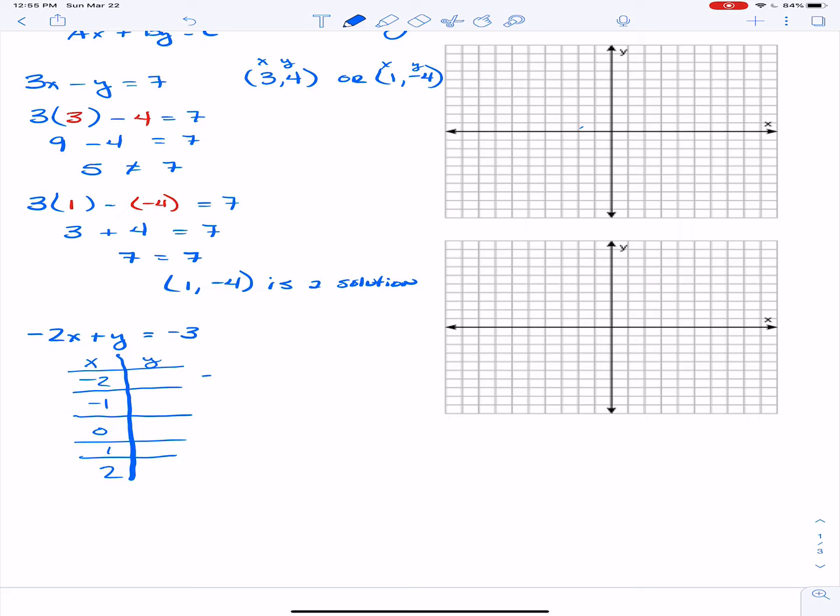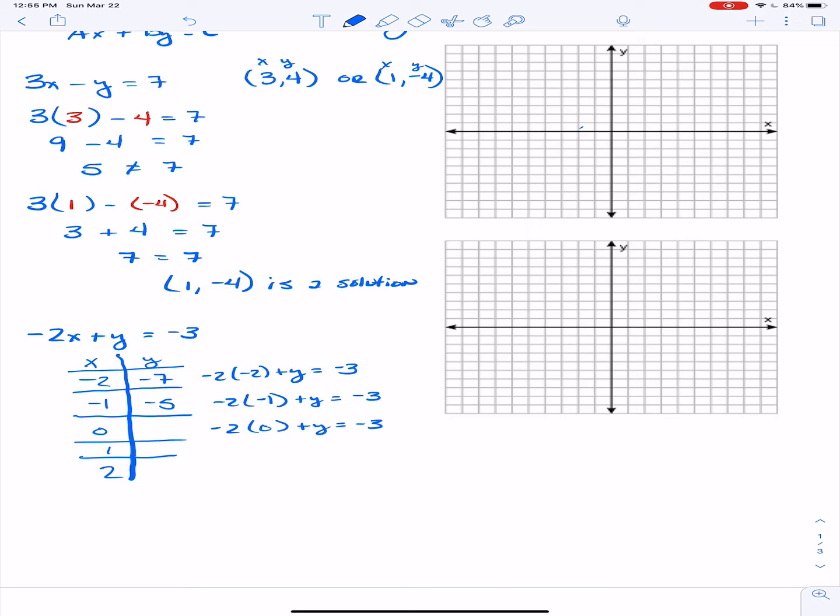So negative 2 times negative 2 plus y equals negative 3. That's going to give me negative 7 for my output. Negative 2 times negative 1 plus y equals negative 3. That's going to give me negative 5. Negative 2 times 0 plus y equals negative 3.